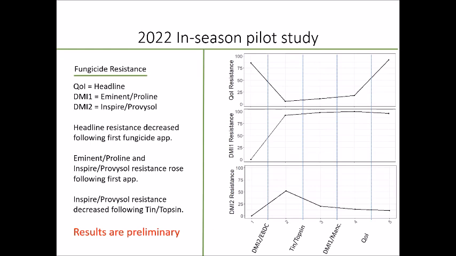And so this dynamic is very interesting to us because it may indicate that there's a best order to applying these DMIs, especially given the lack of cross resistance between DMI2 and DMI1.